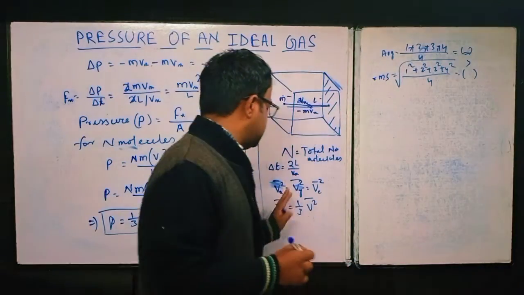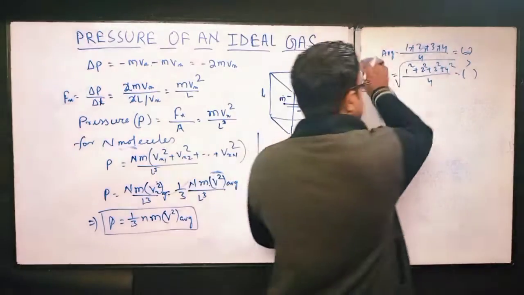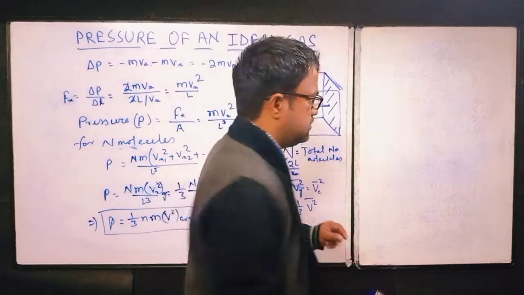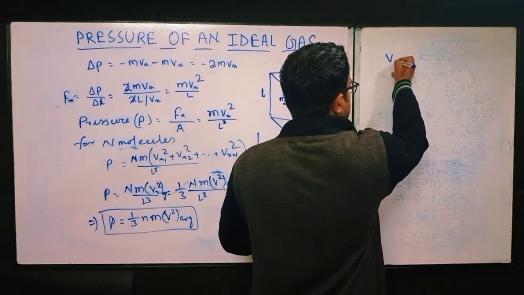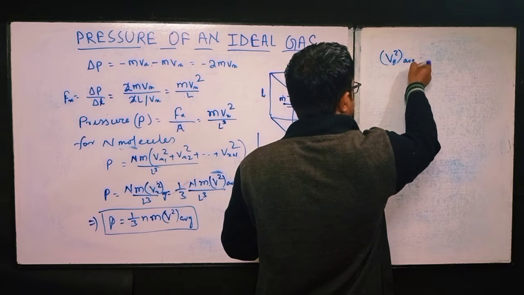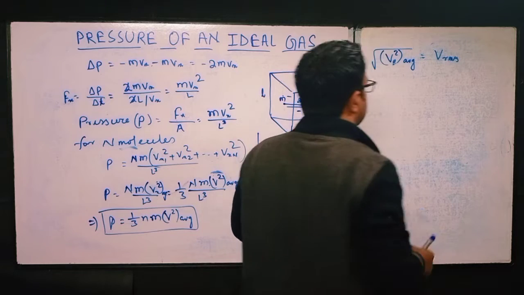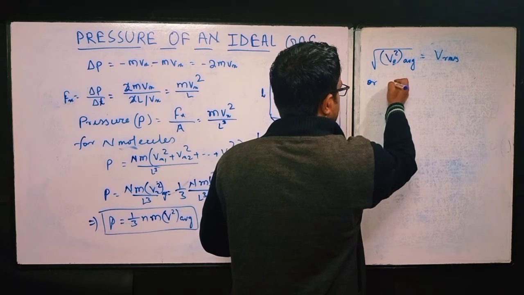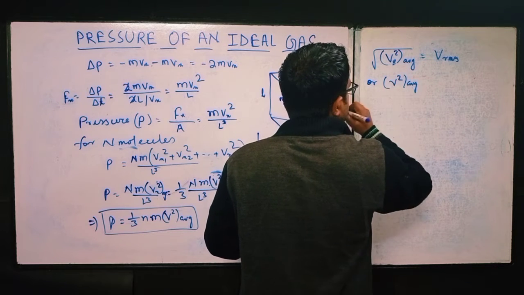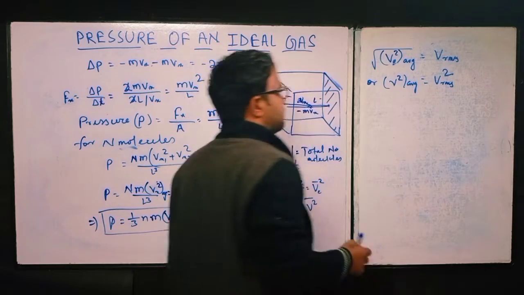So we'll write this in terms of the RMS value: the root of the average of V square is V RMS, V root mean square, or we can write the average of V square equal to V RMS square.